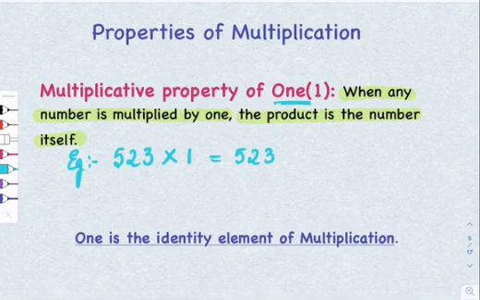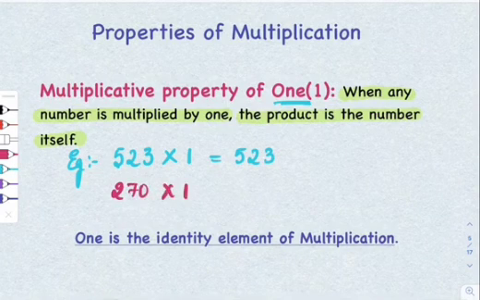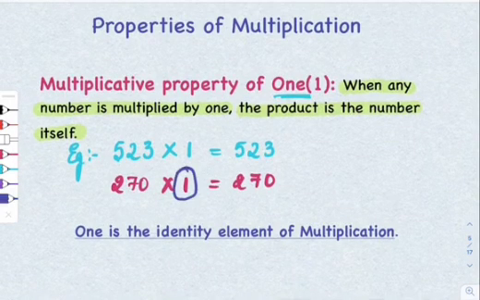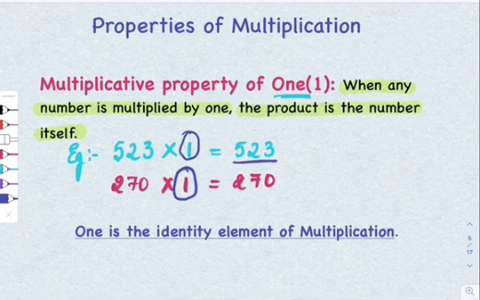Now for another example, maybe 270 into 1 is 270 itself. Did you all get it? So here 1 is the identity element of multiplication. What do you mean by this? When 1 is multiplied to any number, then the identity of that number remains the same. That is, the number itself is the result. The product is the number itself.